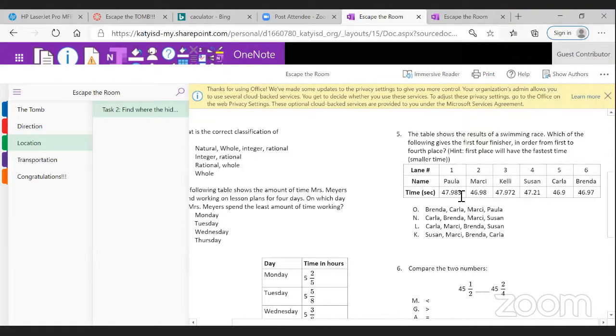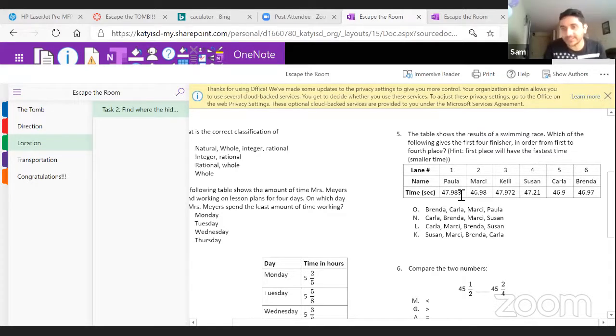The biggest, I think. The first place will have the fastest. See right here on the hint, what it says is the first place has the fastest time. Then it's gonna be a smaller time, right? Smaller time to win the race, right?